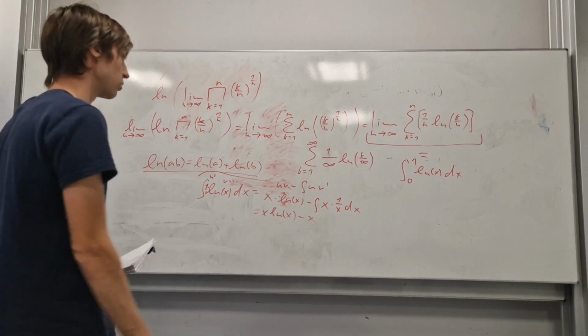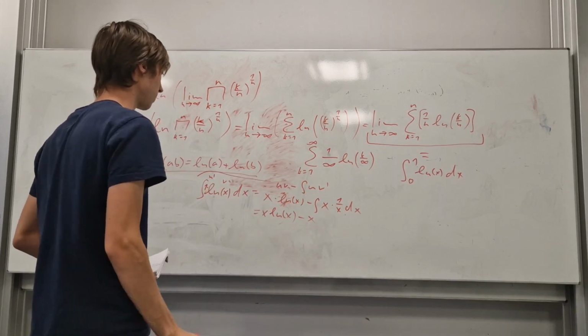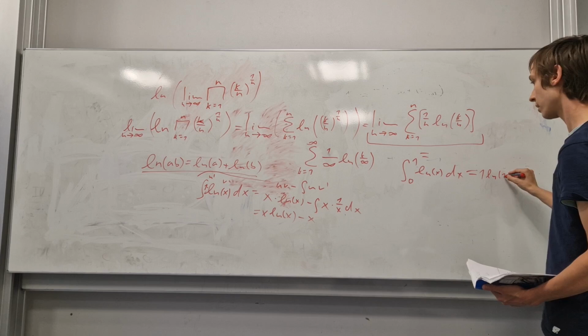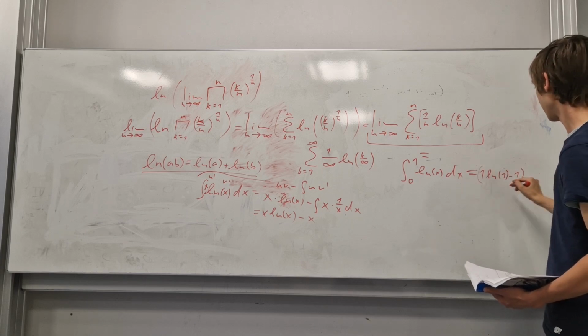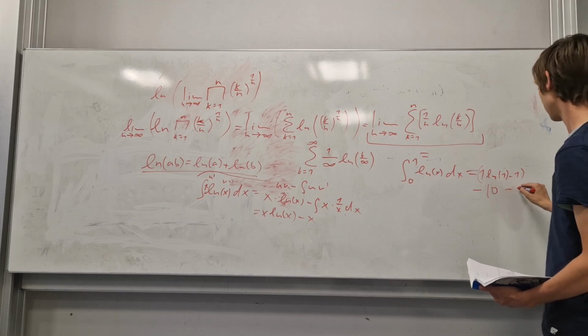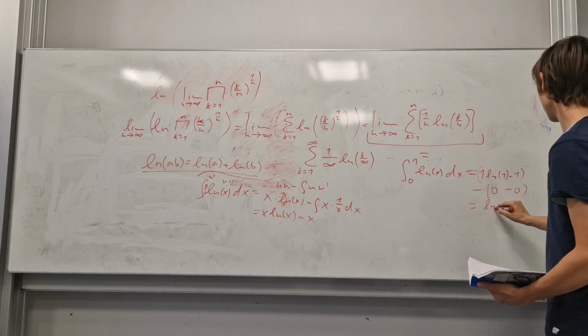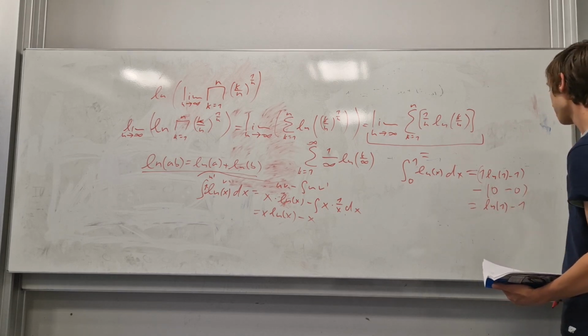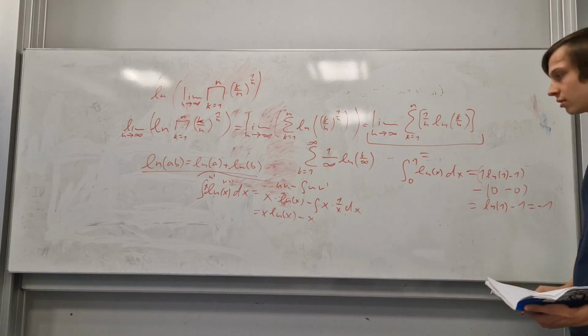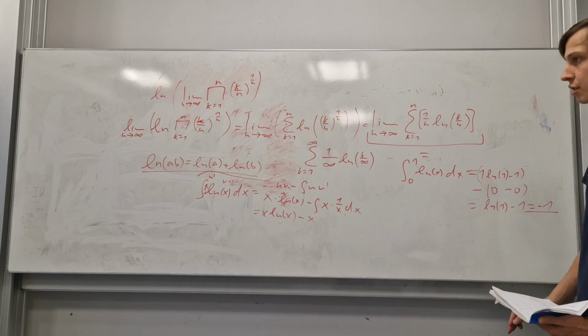Here 1 is integrated to x. It should be this evaluated at 1 and then at 0. So it's 1 ln 1 minus 1, minus this evaluated at 0, so 0 minus 0 actually. So ln 1 minus 1, and all of this, by the way, is minus 1. Alright, so this is my result for the integral.